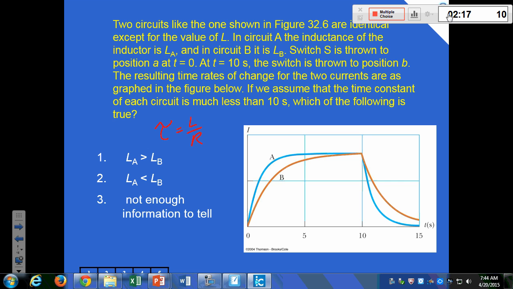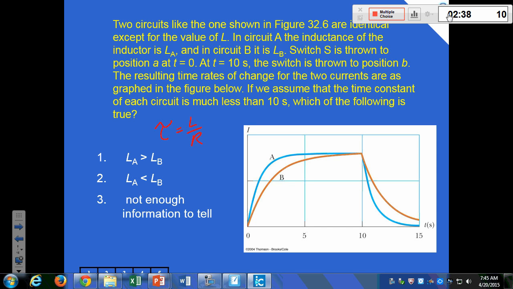That doesn't change your mind in any way? Okay, well, which of these circuits requires more time to get up to its equilibrium value? B requires more time. See, A gets up there really quickly, but B requires a lot more time.